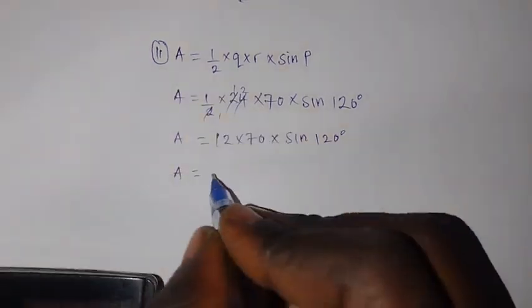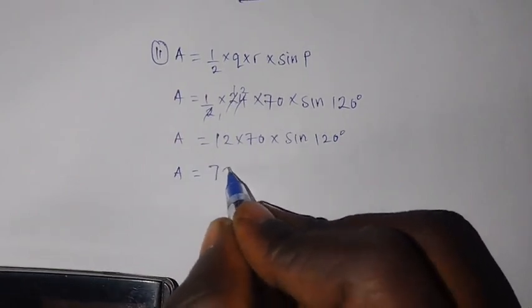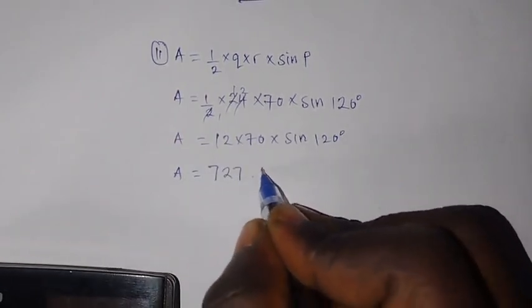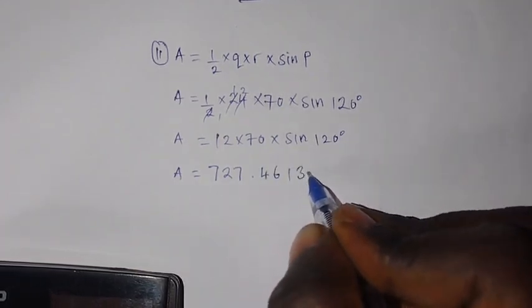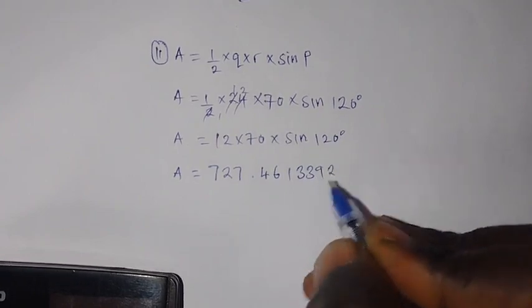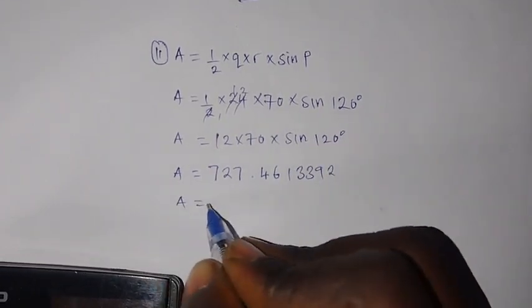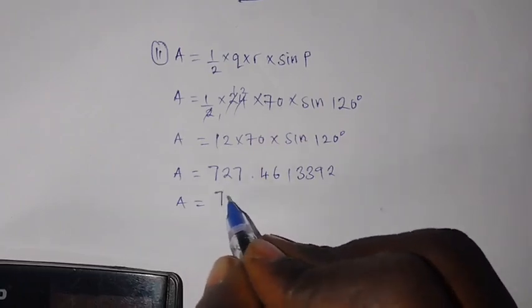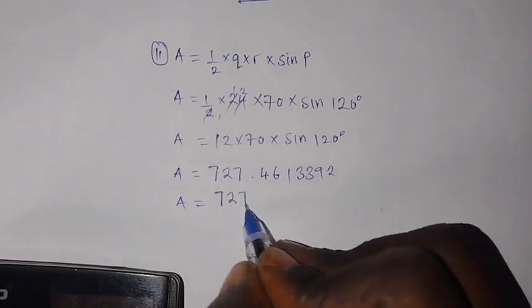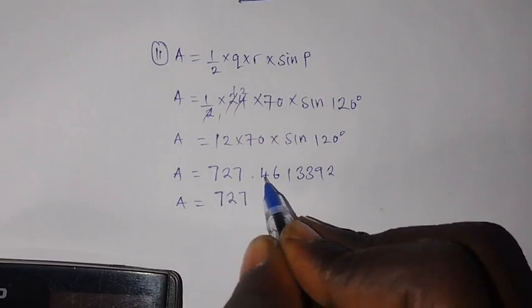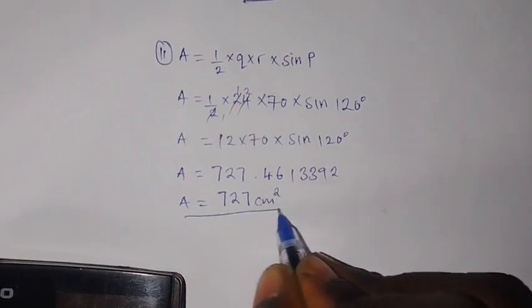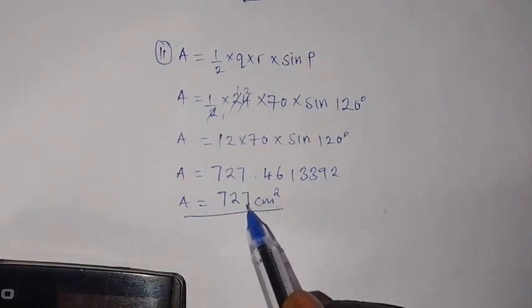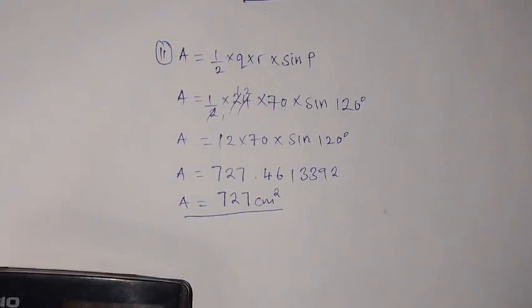Okay, so we have 727.4613392. So we can leave our answer to 3 significant figures. So we have 727. This 4 won't round the 7 up. So this is our area. Okay, so our area is equal to 727 square centimeters.